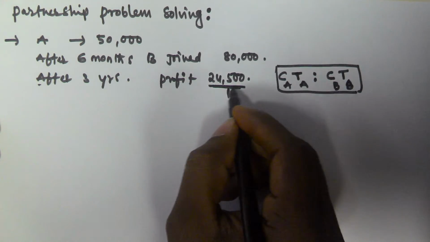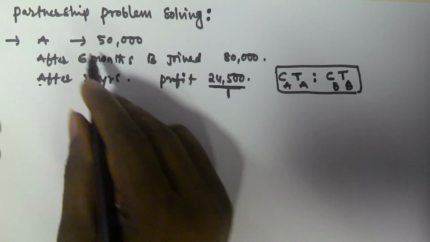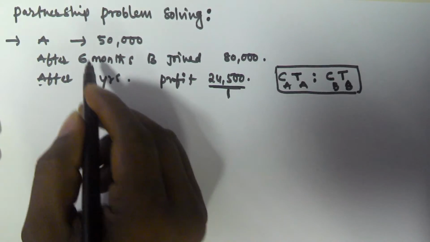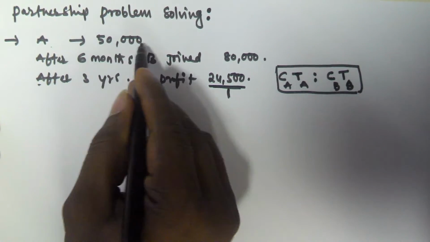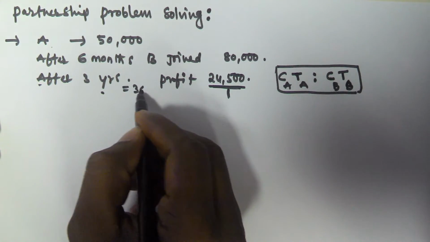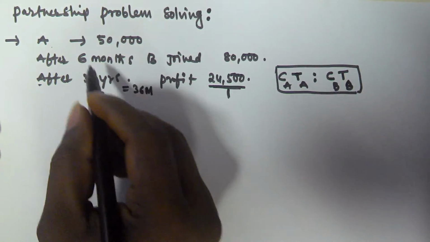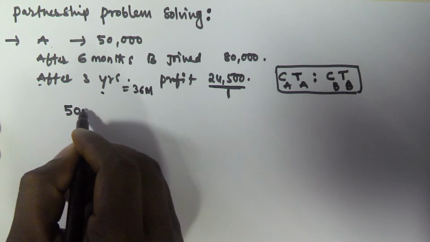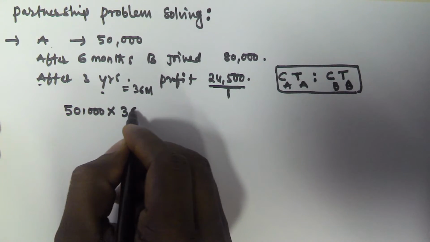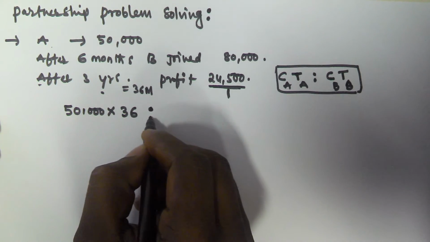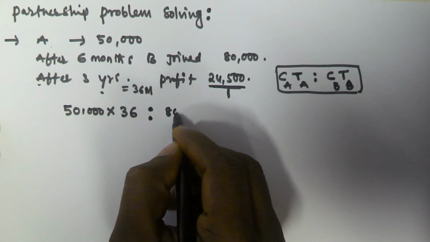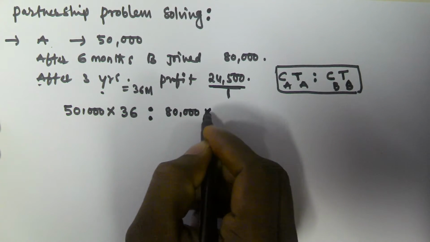So the profit is shared between A and B in this ratio. They got this profit after 3 years, and A started the business, which means he invested 50,000 for all 3 years. 3 years is equivalent to 36 months. So the ratio is the capital invested by A into the number of months he invested, that is 50,000 times 36, and the amount invested by B is 80,000 times the number of months he invested.